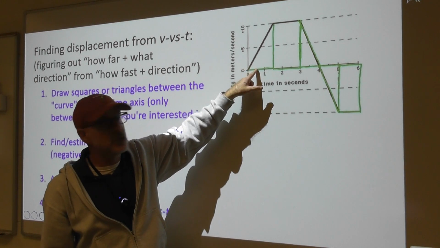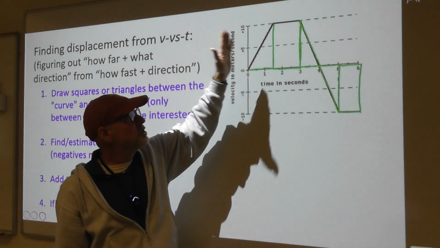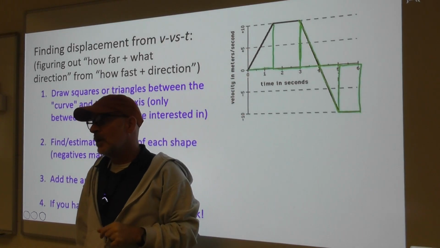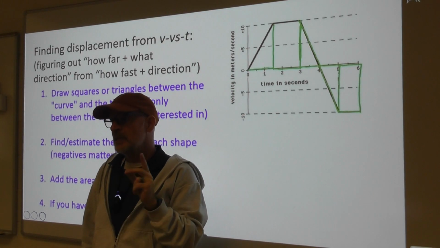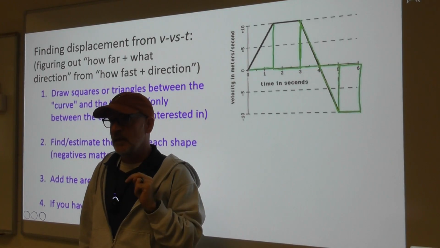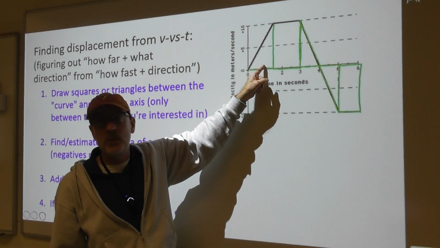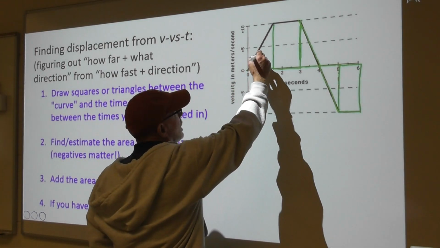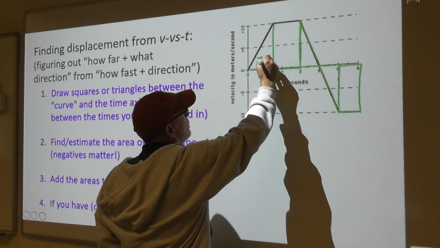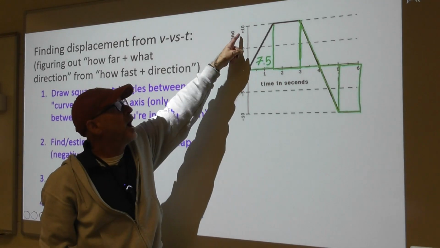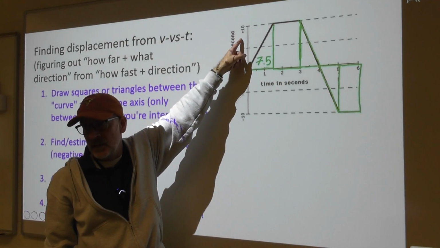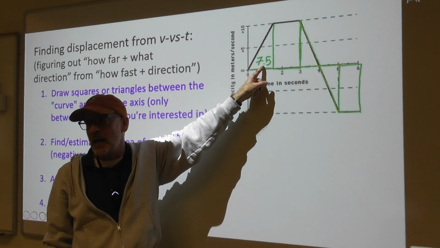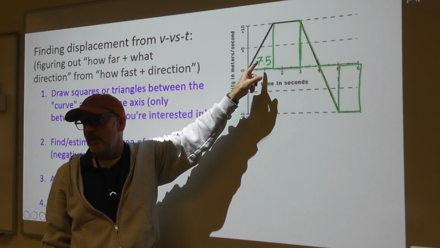The height of this shape, again, not geometrically, but on the graph, is 10 meters per second. 1.5 times 10 is 15. This is a triangle, so we divide by 2 to get the area. So the area of this triangle is 7.5. And this was positive 10 meters per second, so the area of this triangle is positive 7.5.